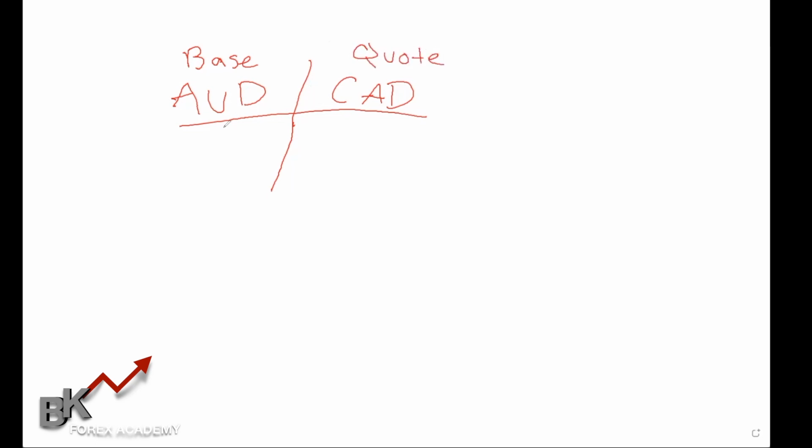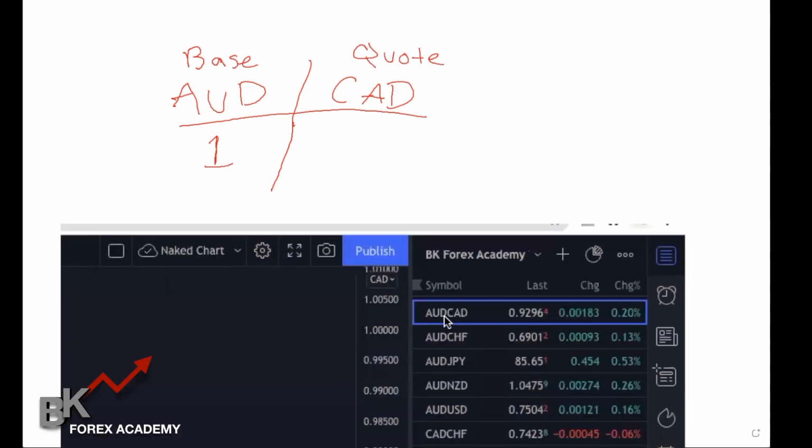The base is always valued at 1. So whatever currency is on the left side is considered 1. In this case, we have 1 Australian dollar, and the one on the right is always considered the quote. If you look back at the symbol, we have 0.9293.